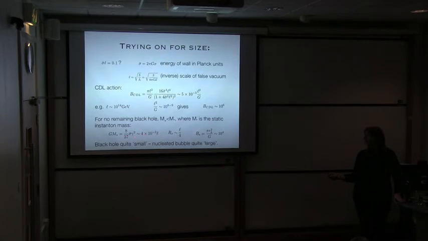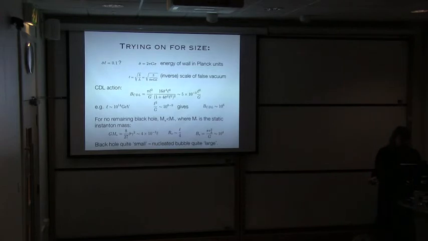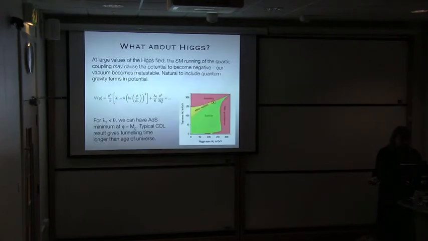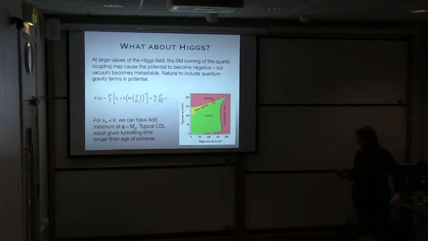The horizon radius of the black hole is down at about a thousandth of the size of the universe. So the nucleated bubbles are actually quite large. But clearly at 0.1, everything's in the ballpark of Planck scale.